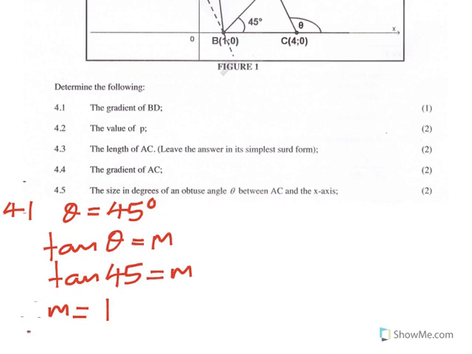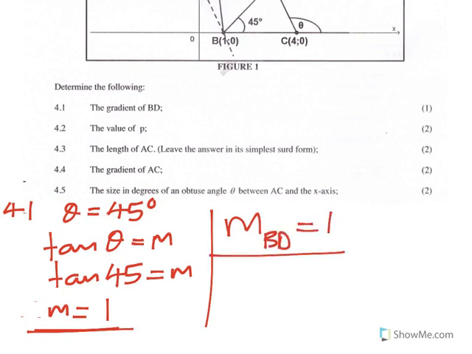This is the gradient of BD. Some write it like this: m of BD is equal to 1. So remember that.